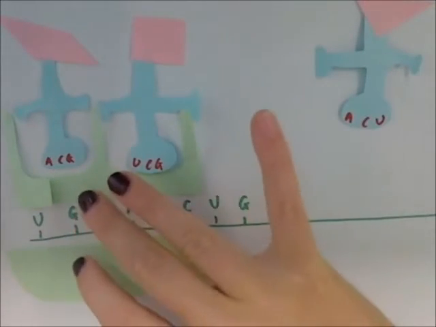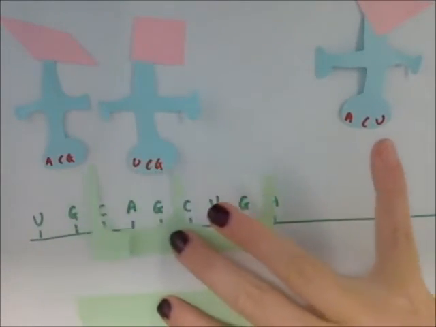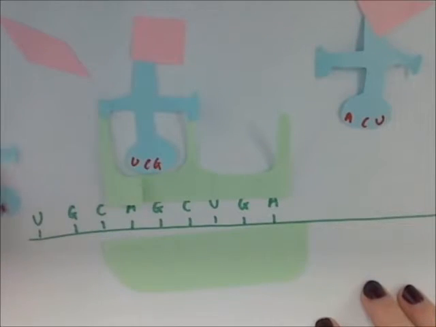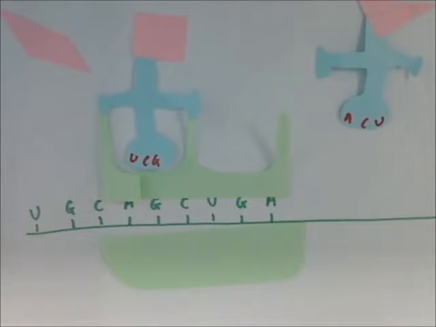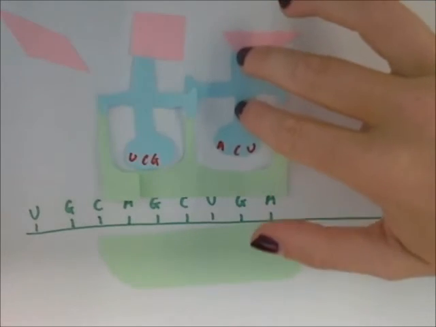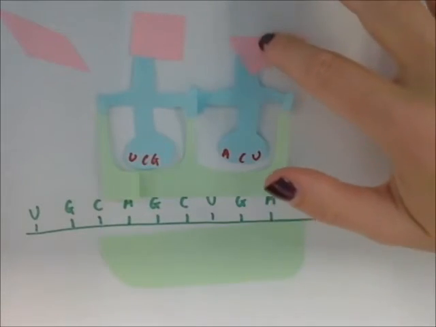Once that bond is formed, the ribosome moves 1 codon along. This tRNA drops off and goes off to find a new amino acid, and the next tRNA in the sequence can come in.